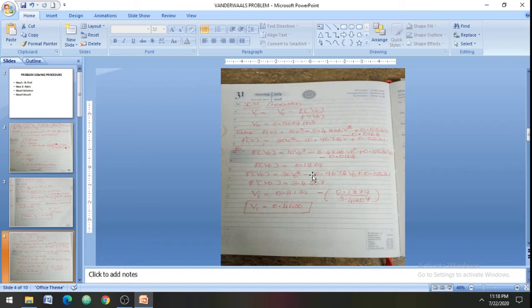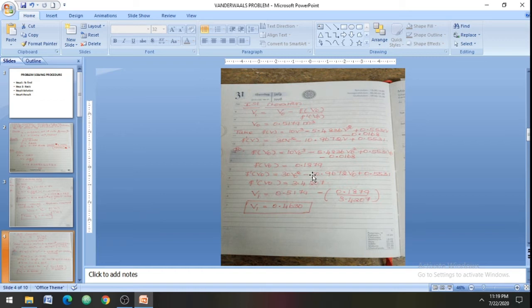The V naught is given, that is the initial 0.5179 meter cube from the ideal gas law. Then we need f of V naught and f dash of V naught. So how will we calculate f of V naught and f dash of V naught?